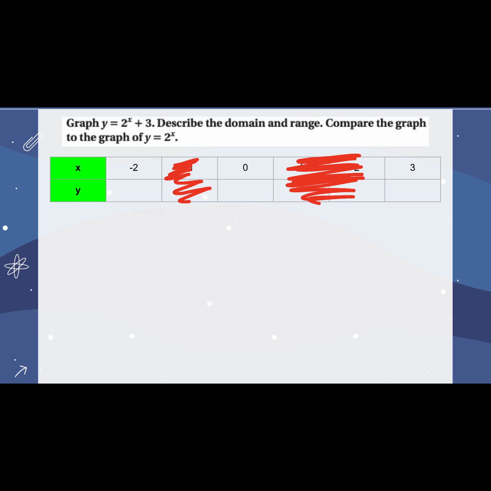So go ahead, take about 2 minutes. Plug -2 in for x. We're using this equation here. -2, 0, and 3. Plot those points on a graph. Just quick sketch it on your paper and get an idea of what that function looks like.